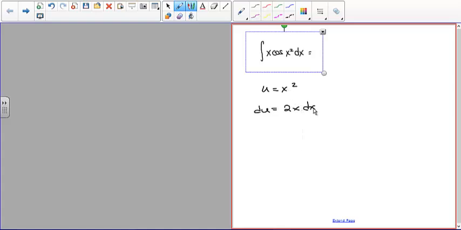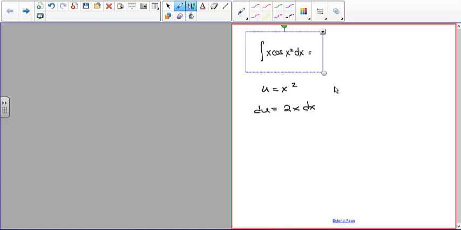Add the dx. Again, what this is doing is basically putting the original equation in what we call the differential form. So the differential form means that this part becomes du, and this part is the derivative.